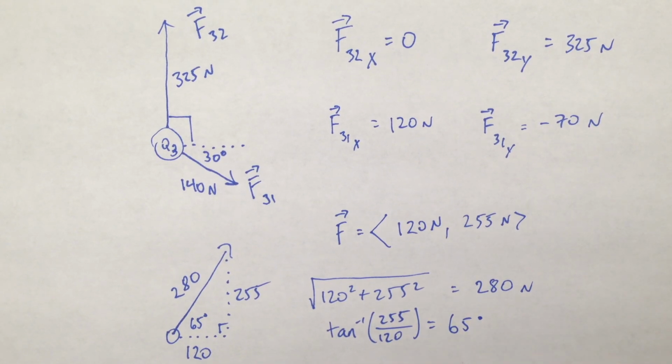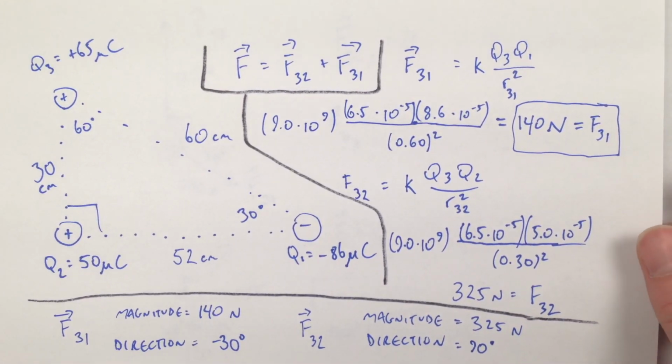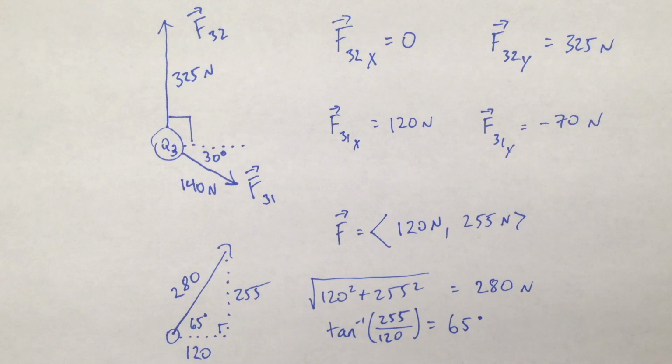Okay, that right there is how you would calculate the total force on a charge given some other charges. You need to use Coulomb's law to calculate force vectors. Then you add the vectors together.